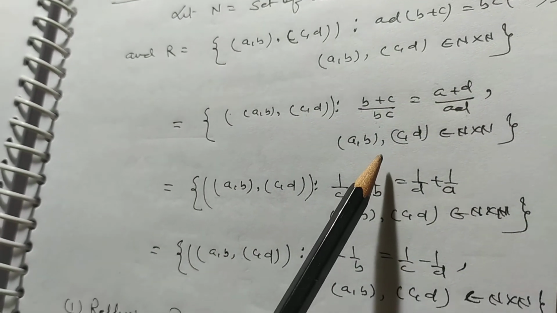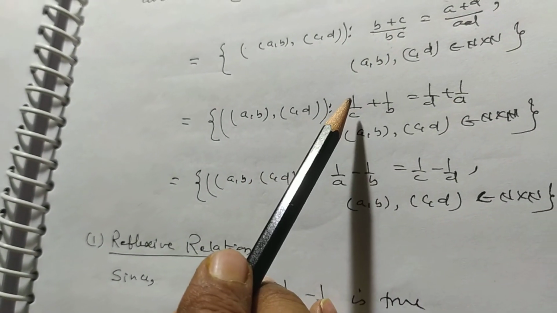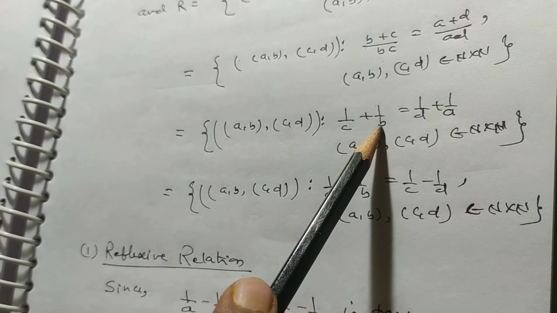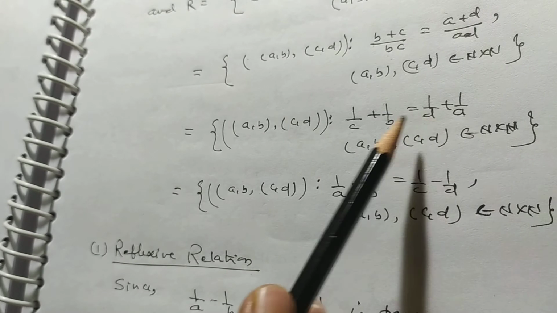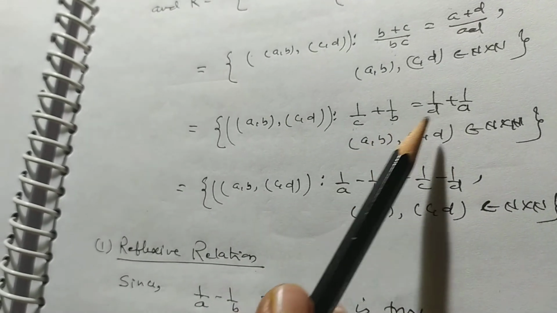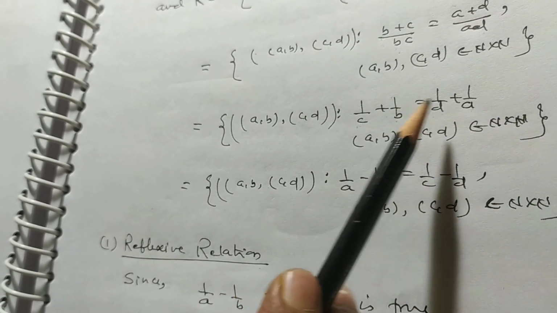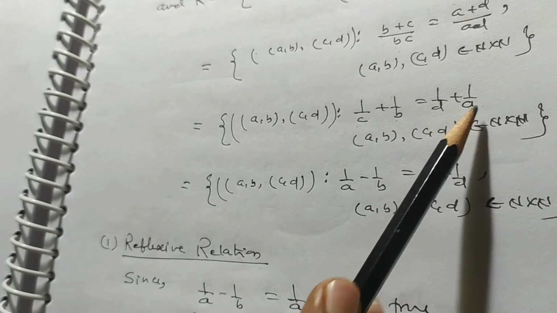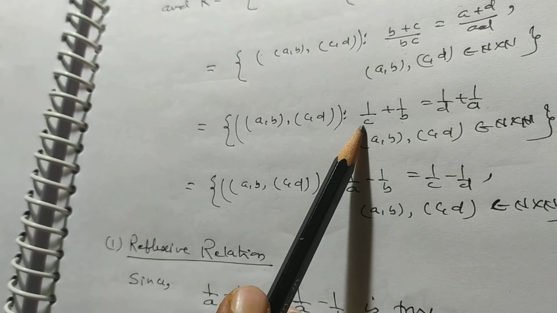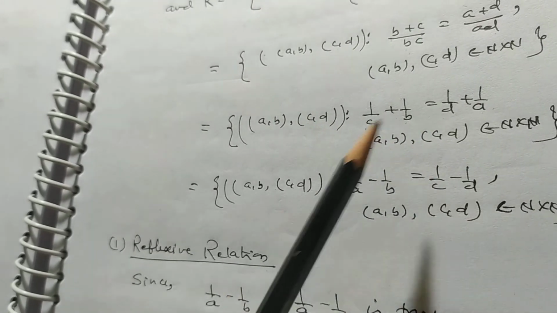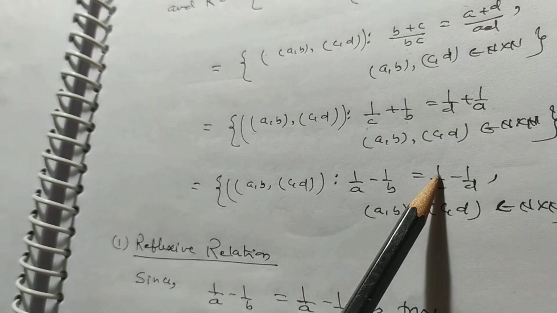So after simplification, it is 1 by C plus 1 by B is equal to 1 by D plus 1 by A. Now it can be rewritten in this way: 1 by A minus 1 by B is equal to 1 by C minus 1 by D.